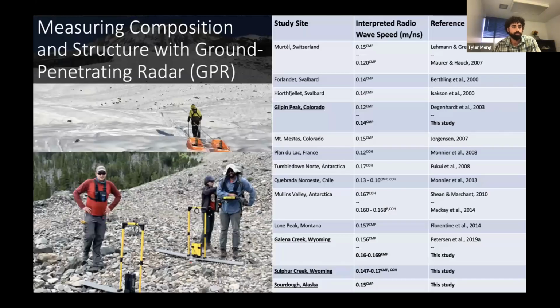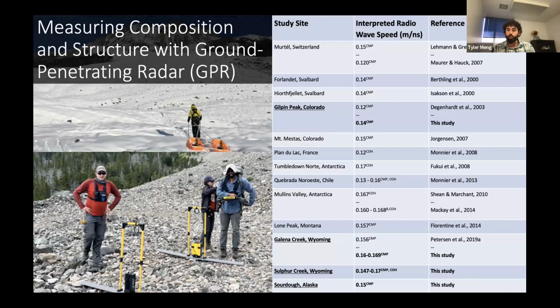Oops, sorry. So we'll start off with the ground penetrating radar portion of the acquisition. This is a really common method in glaciology overall, and even with rock glaciers, the table on the right shows a probably non-exhaustive list.